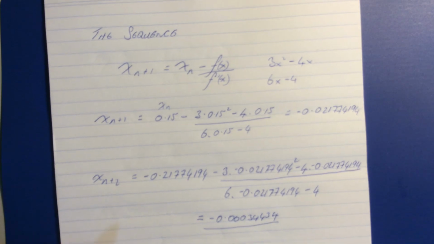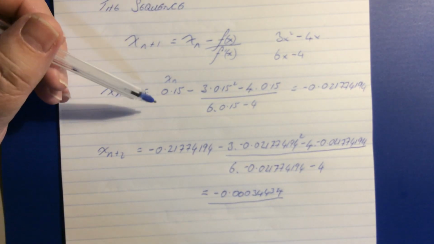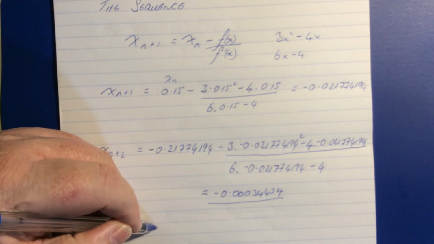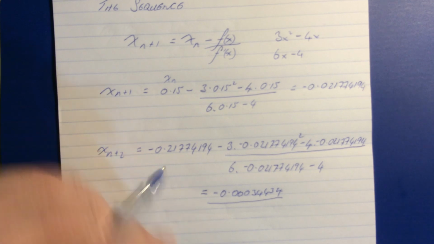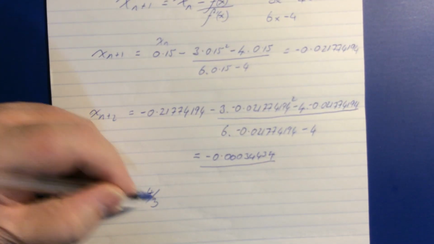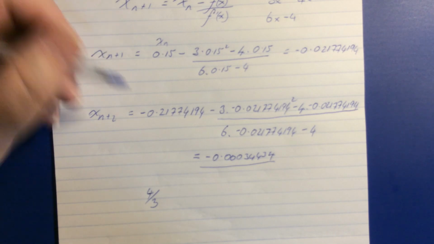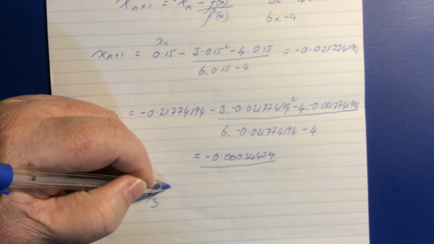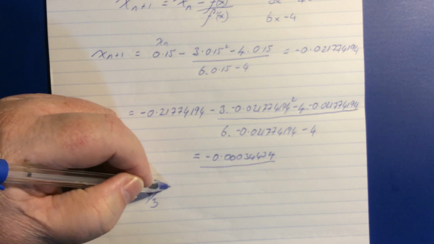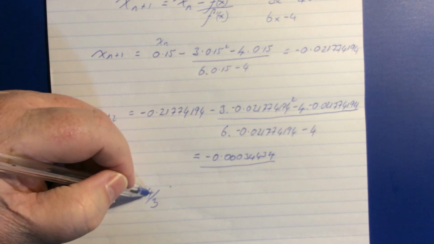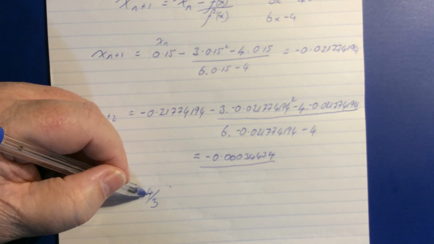Now, if I wanted to, I could put in a number close to 4 on 3. I'm not going to do this, but what would be a good one? Let me think. We'll do this as a decimal actually.